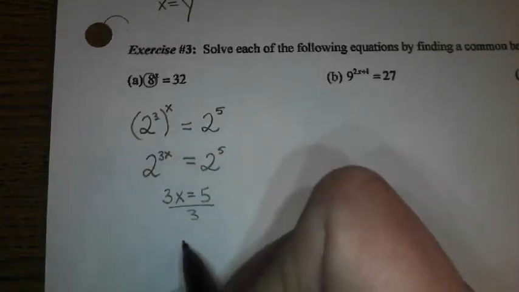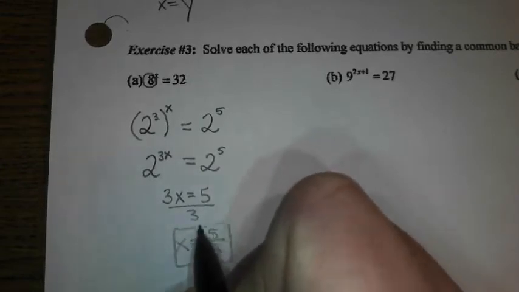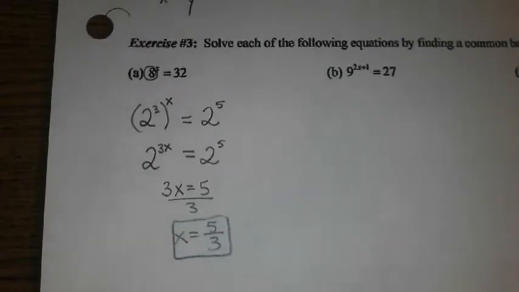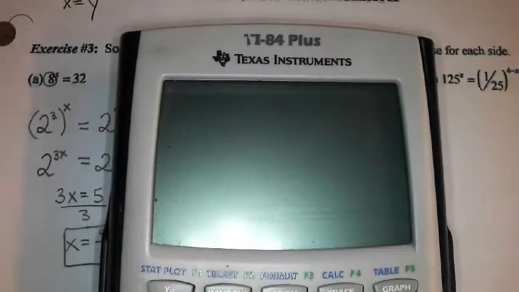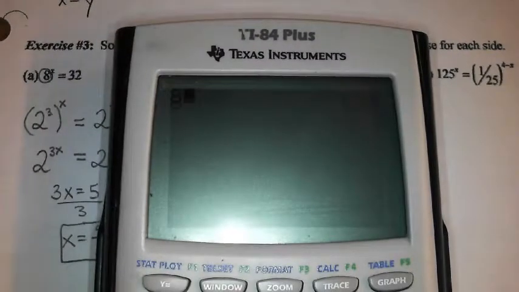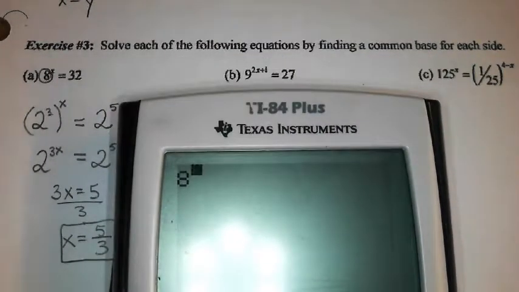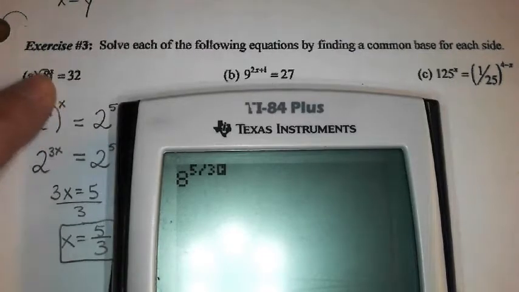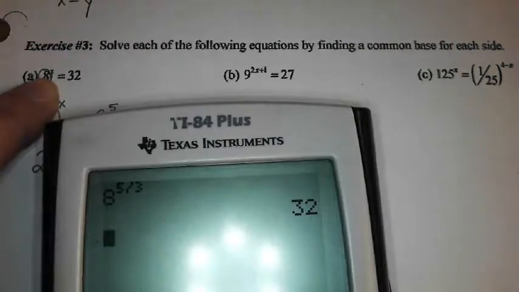Divide both sides by 3. Good? And you could check that. 8 raised to the 5/3 power, that's what x is. It's supposedly 32. Perfect. Okay?